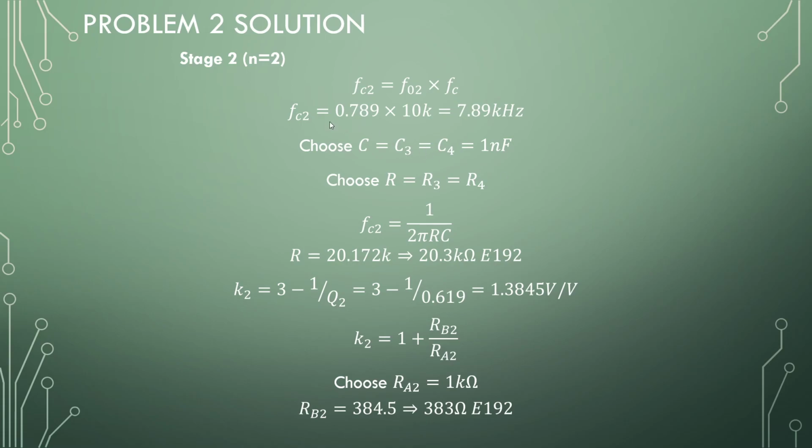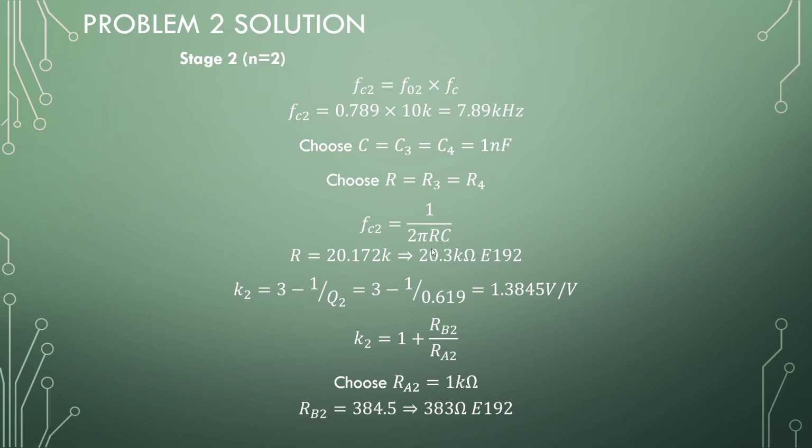Second stage, multiplied by 0.789, and you get 7.89 kilohertz, and that amounts to a 20.17 kilo ohm resistor, and we need to pick a 20.3, which is the closest, and this is a very large difference, and that will mess around with the ripple that we see.